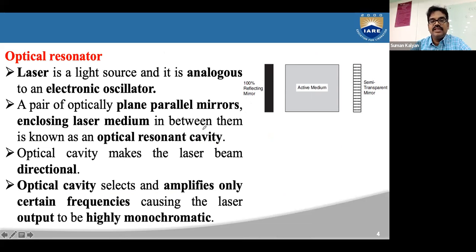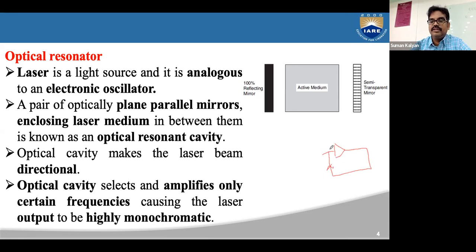This is analogous to an electronic oscillator. In an electronic oscillator, it is simply an amplifier which has an input, and then we get an output. This output is fed back to the input.